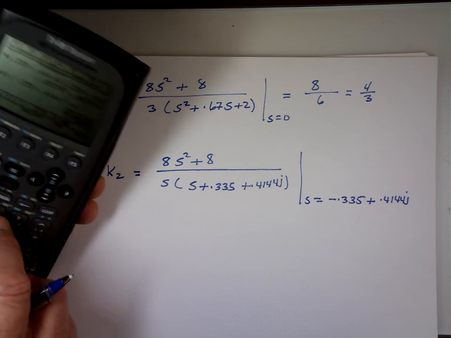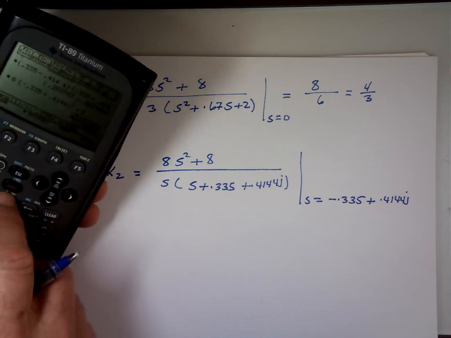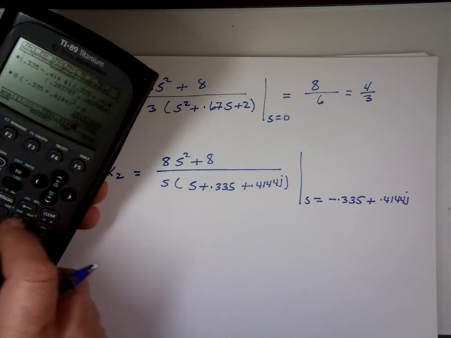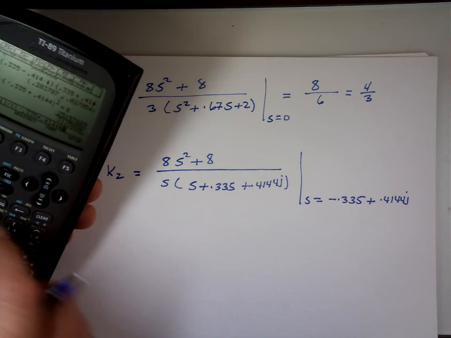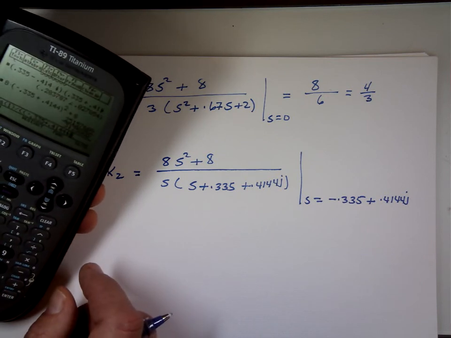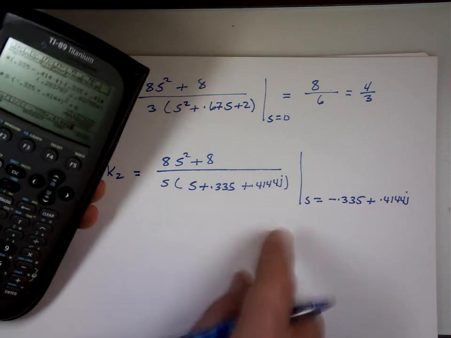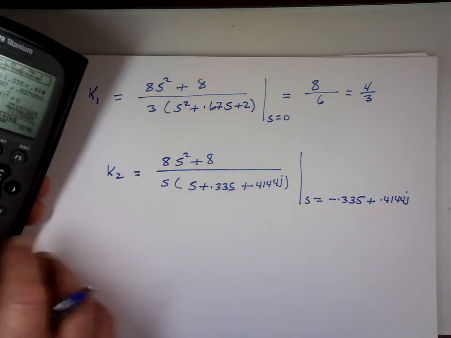Uh-oh. Oh, you know what? I never put the J here when I did it for the top. Wait. I gotta go back to the top. I forgot to hit the I.